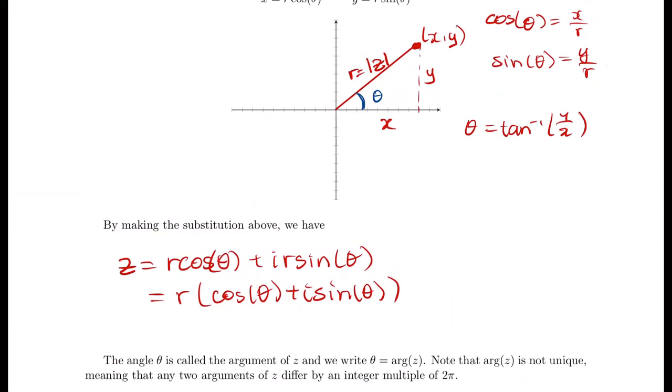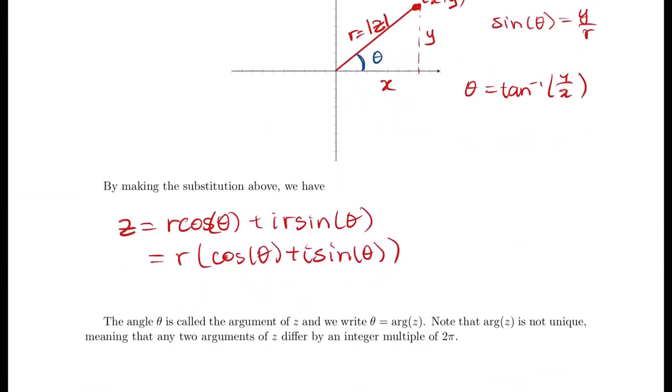And r is the same as the modulus of z, which we found to be the square root of x squared plus y squared. Those are the two useful formulas that we will be using for the next little while.